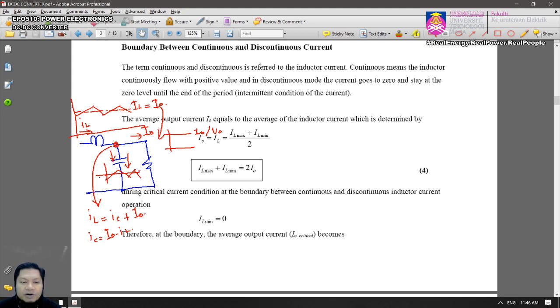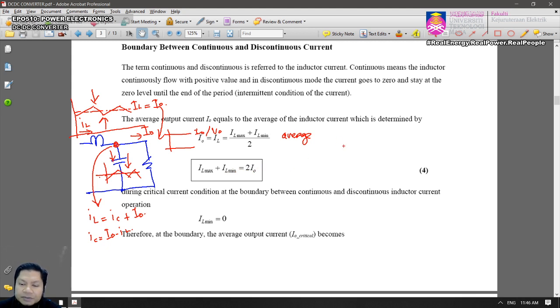Okay, all right. What else? So now we have the average of I naught also equals the average of IL. And if you look at this IL, the average will actually equal IL max plus IL min divided by 2. So this is the average value of the inductor current IL, and therefore you have IL max plus IL min equals 2 I naught.